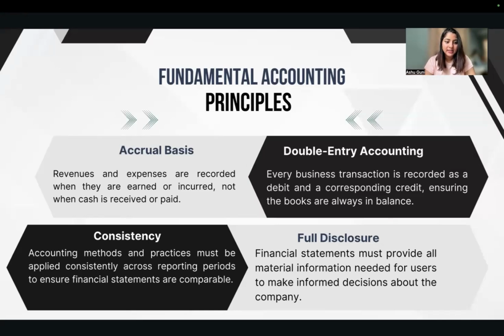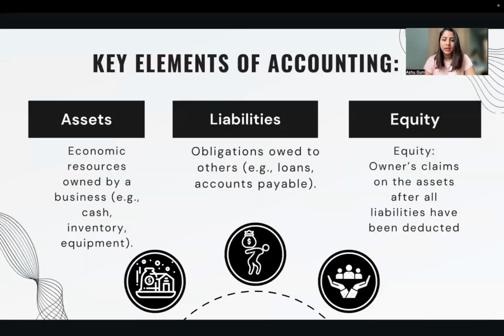We have consistency, which says that accounting methods and practices must be applied consistently across reporting periods. And full disclosure mentions that the financial statements must provide all the material information needed for users to make informed decisions about the company. So these are some of the principles, and we have also discussed them in our classroom.